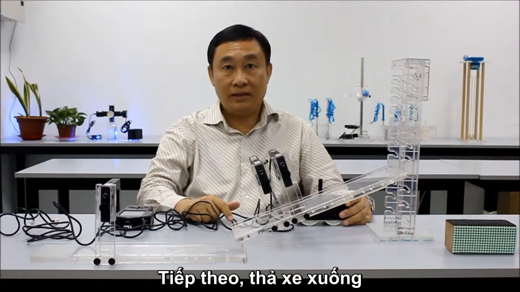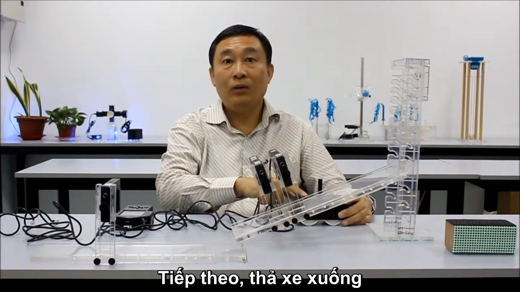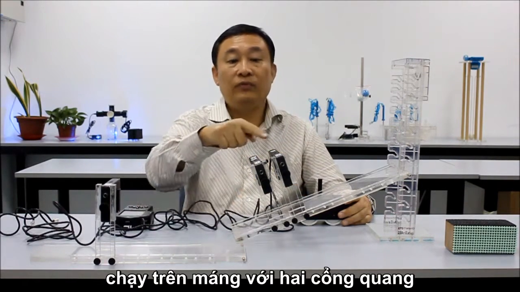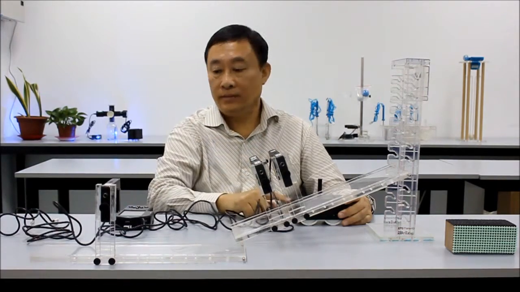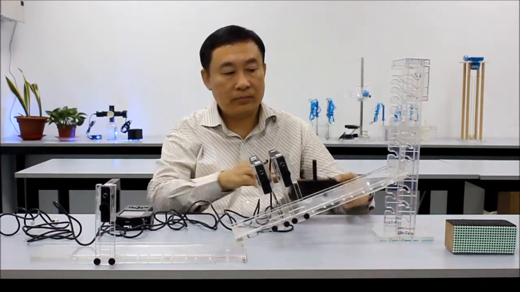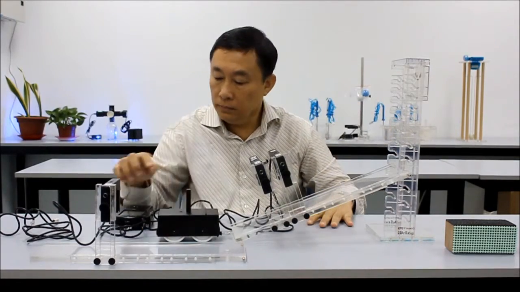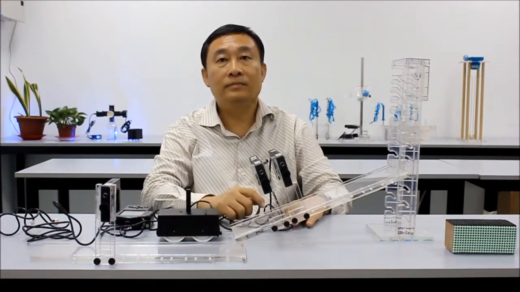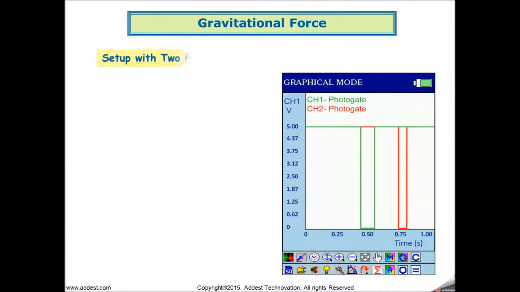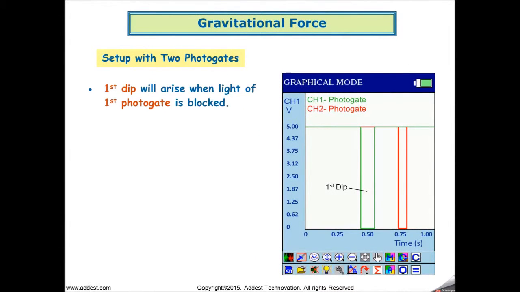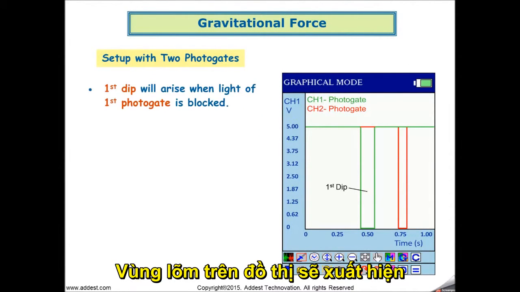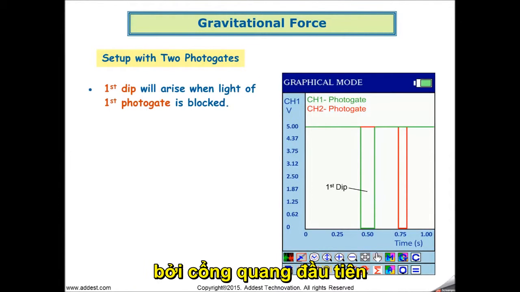Next, let the cart roll down the plank with 2 photo gates. One dip will arise when the light emitted by the first photogate is blocked by the rod attached to the cart.